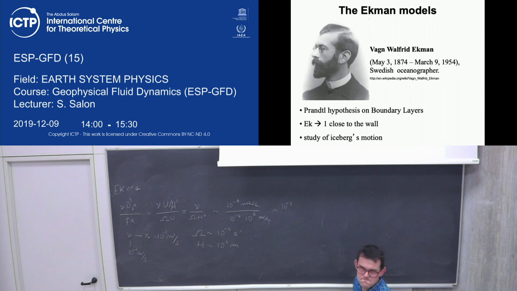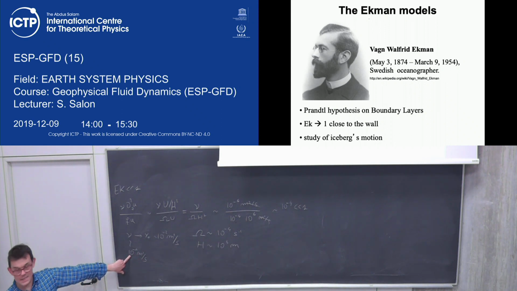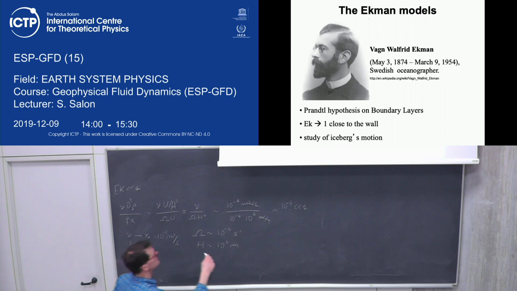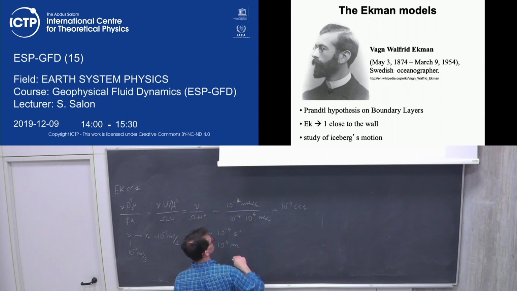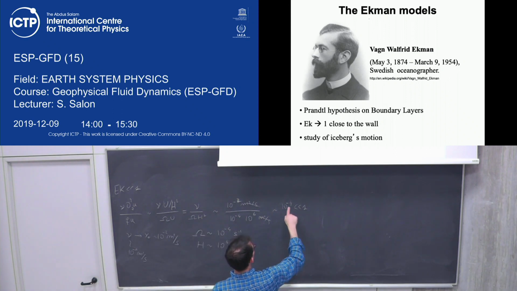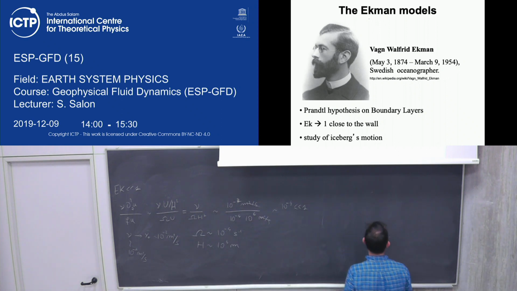Okay? Which is, of course, much more than. Of course, if you take 10 to the minus 6 here, okay, no, it's the same. Okay, so this is valid far from the boundary.